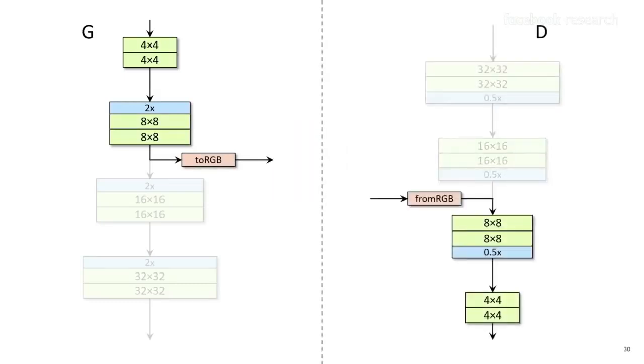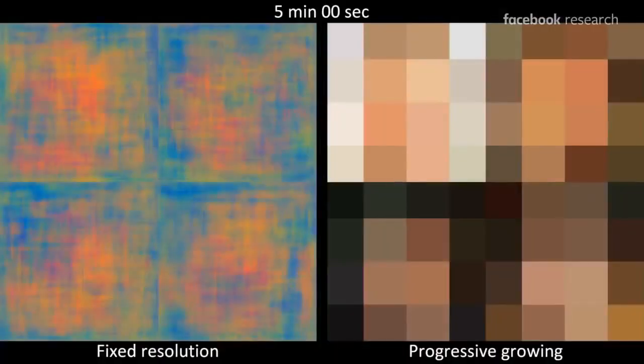Our discriminator is a perfect mirror image of the generator, and both networks keep growing in synchrony using exactly the same kind of linear crossfades. Let's see how this looks in practice. On the left, we have standard fixed resolution training, and on the right, we have progressive growing.